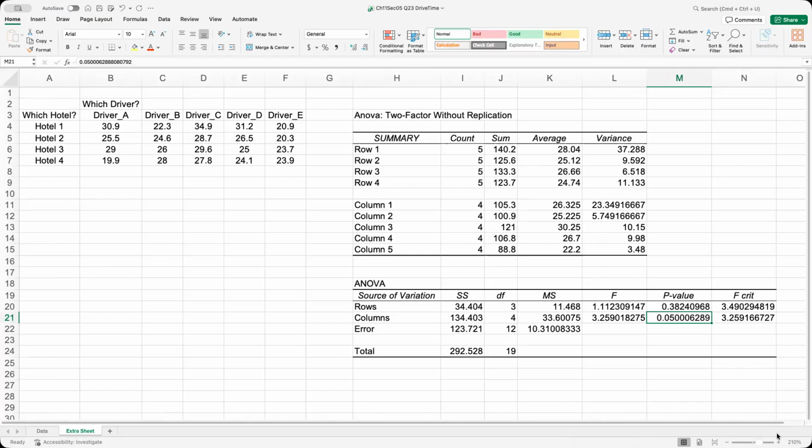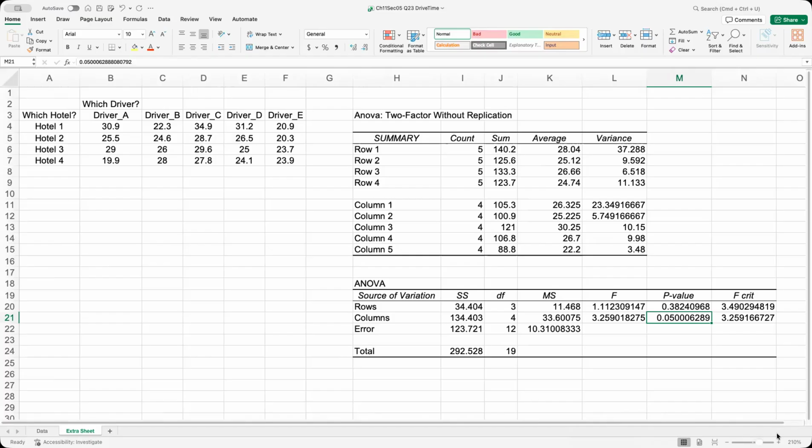If this is randomized block, I only want to know if the driver matters. Does the driver matter? No. But look at that p-value. Column's p-value is 0.050006. I don't think I could have made this any closer of a call, right? We're supposed to reject if the p-value is less than 0.05.